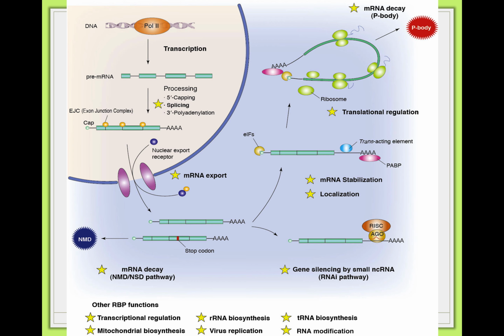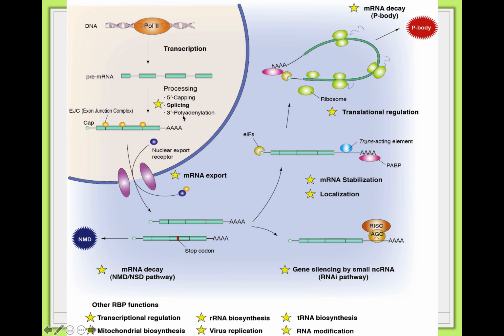Overall, this is what happens, starting from transcription. Your double-stranded DNA is unwound, the bubble being melted, and polymerase 2 initiates transcription. You get your pre-mRNA with exons and introns, which are later processed. We know that a cap is added, splicing occurs, and also polyadenylation.